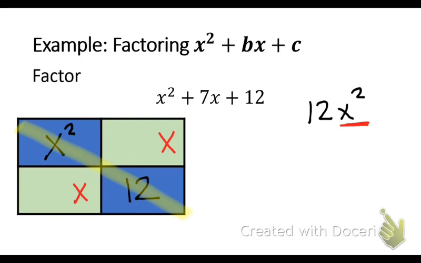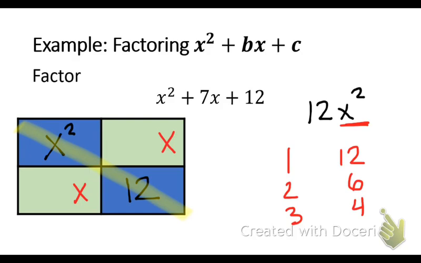So now I have to figure out what goes into the other two boxes. So what I'm going to do is list off my factors of 12 in pairs together. For example, 1 times 12 gives me 12. My other options are 2 times 6 and 3 times 4. Okay, well 12 is a positive number, so because of that, I'm going to add these together.